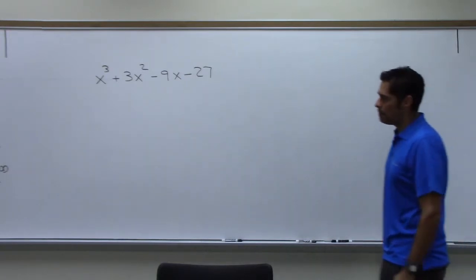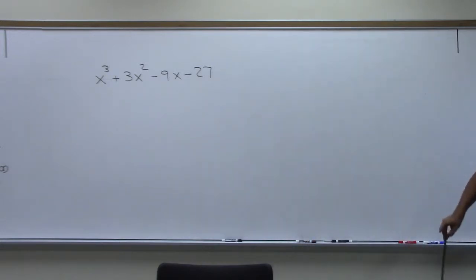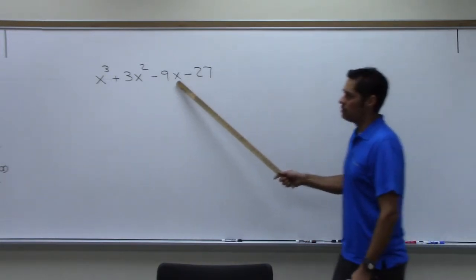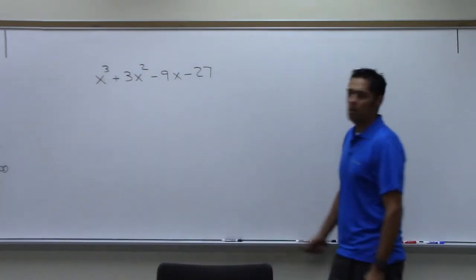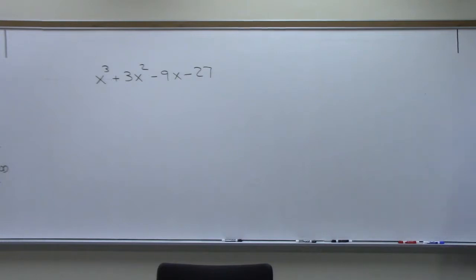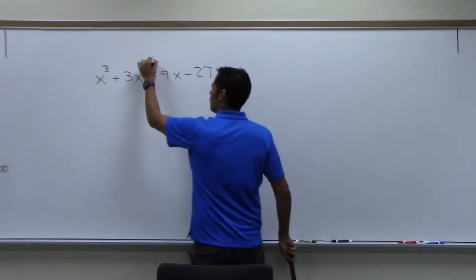So what are you thinking? Greatest common, good. Who said that? Greatest common factors first, right? Don't forget that. GCF, do we have one? No, right? Don't have a number or a letter in all of them. So move on. Terms? 4 terms. Grouping.